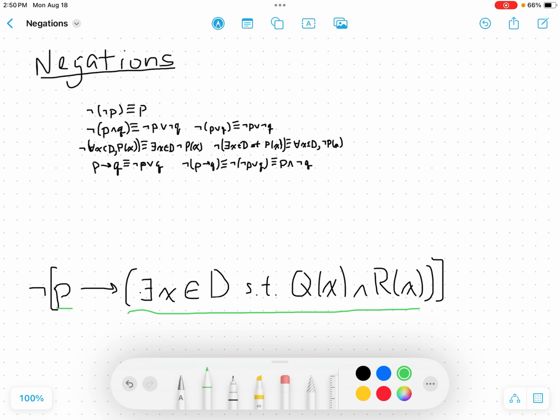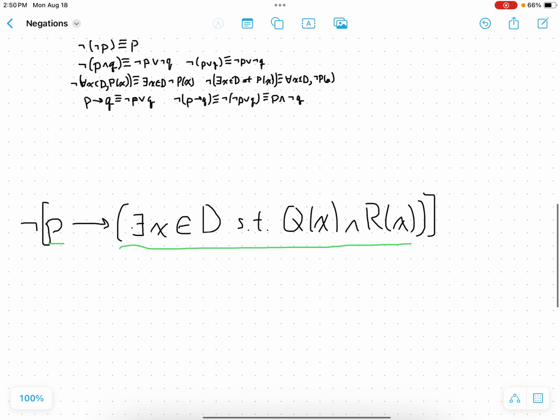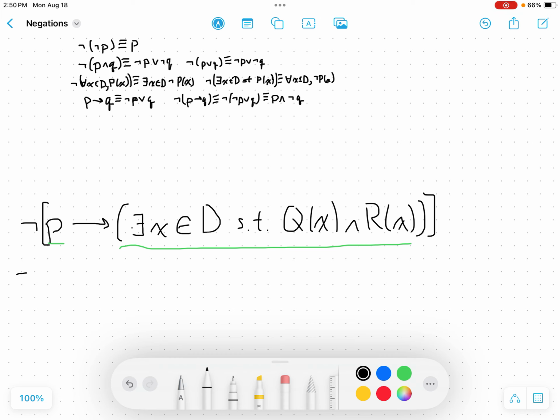So this is going to be logically equivalent to something like P, so P right there, and not all of this.